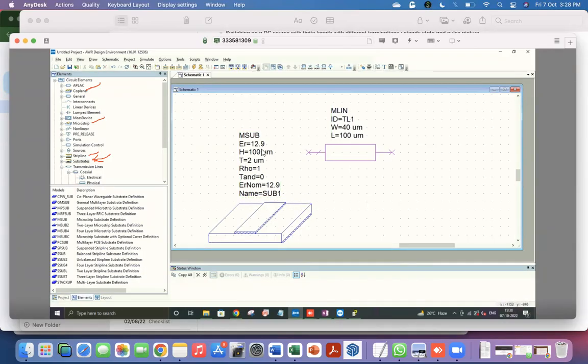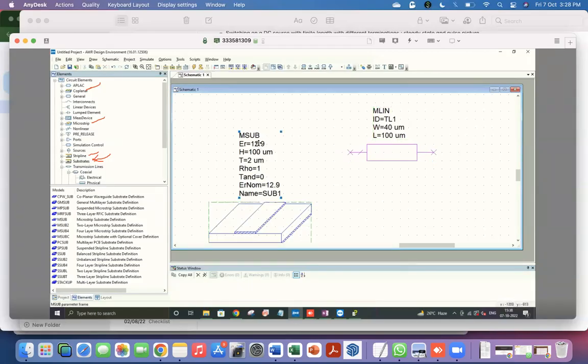So now you see this has many more properties. The reason they have done it like this is because usually the substrate is a separate thing you buy, and then you design your microstrip on top of that. So this right side is the design part, the length and the width, and the substrate is the material we are buying.